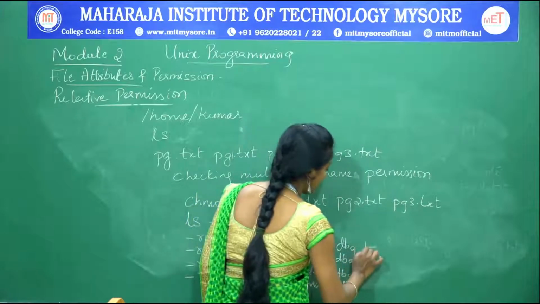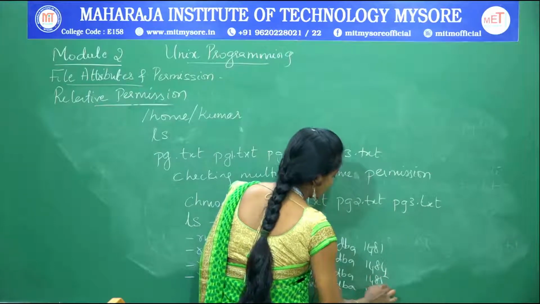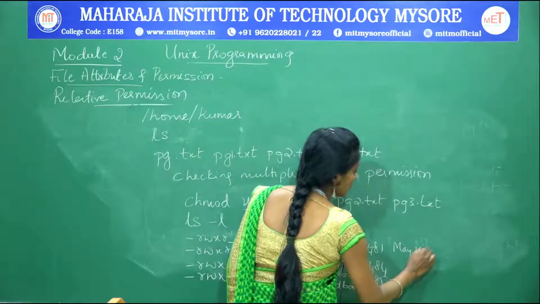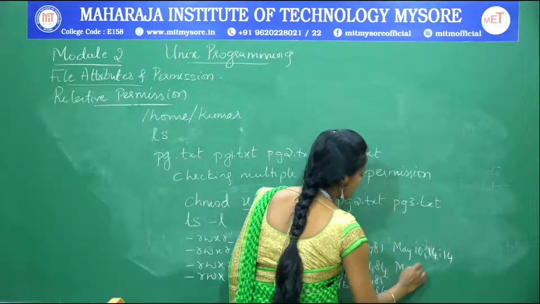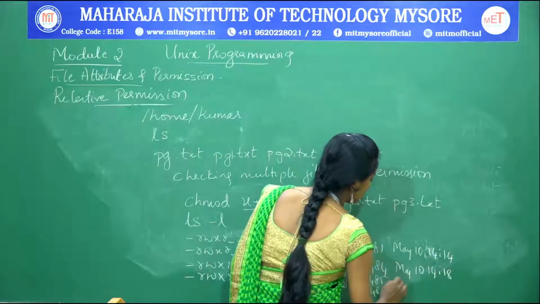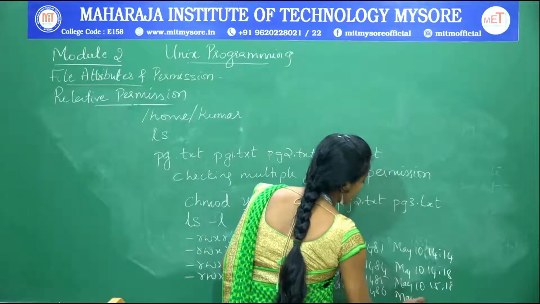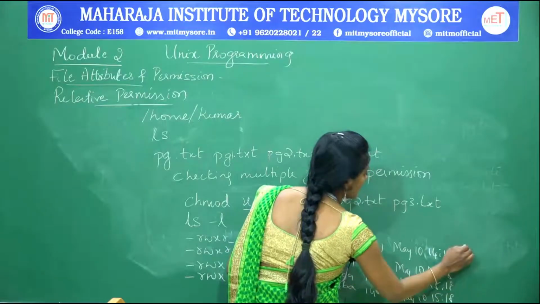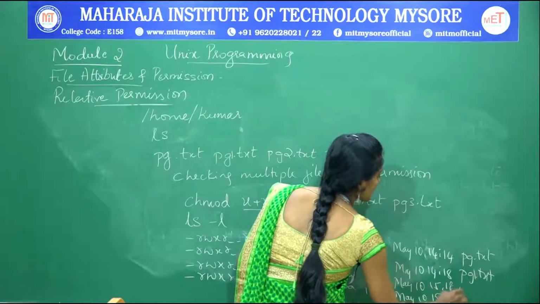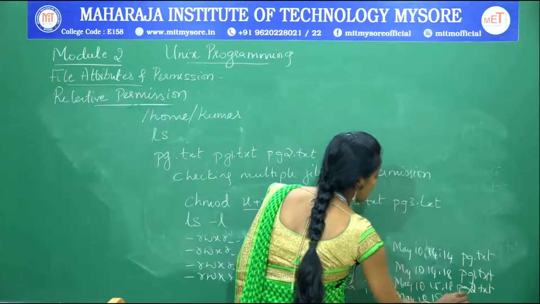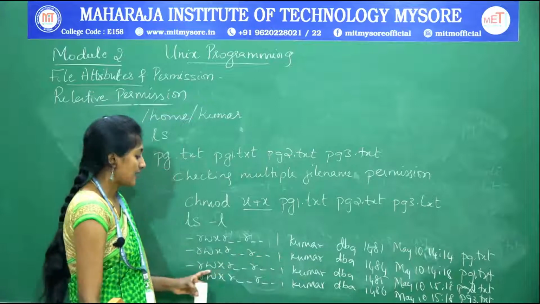So this is the output you will get when you execute it. This is pg.text, pg1.text, pg2.text, pg3.text. So these are the permissions assigned.